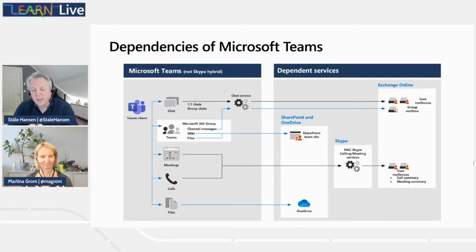Meetings and calls are produced by a rendering service. And regardless of where your tenant is located in the world, so for instance, we are in Europe, and our tenant is created in the US, because we are a US company, and that's where our tenant is located.